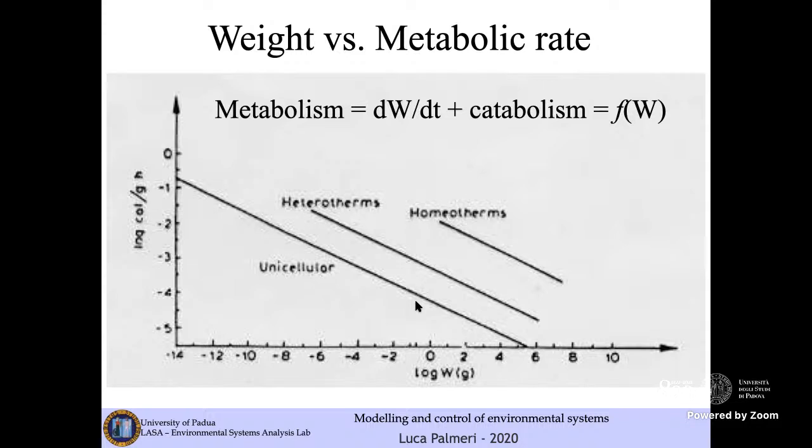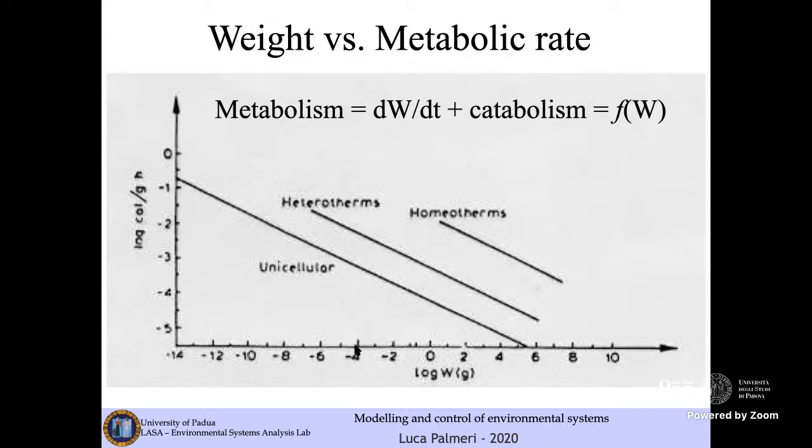Then you find an allometric relationship that allows you to plot on two linear lines very different organisms pertaining to very different dimensional spaces. In particular, here we have the logarithm of a weight. So these are exponents of a weight.